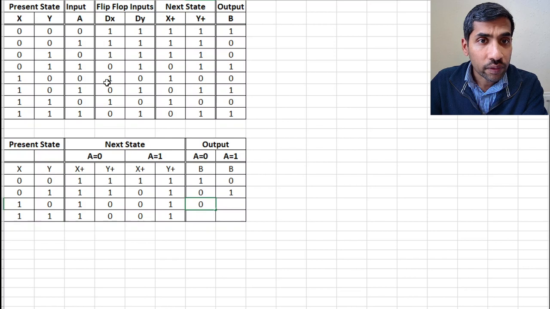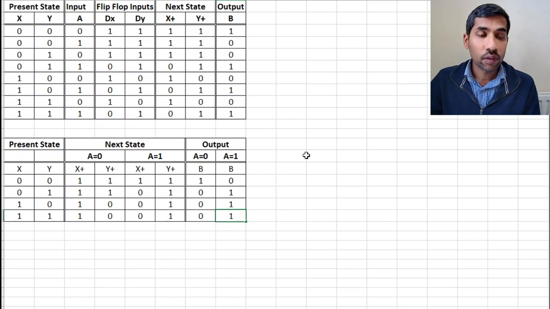Am I right? 1 0 and your input is 0. Yeah, you get output 0, and then for 1 0 1, you get an output of 1. Then for 1 1 with input 0, you get 0 here, and for 1 1 1, you get a 1 here.